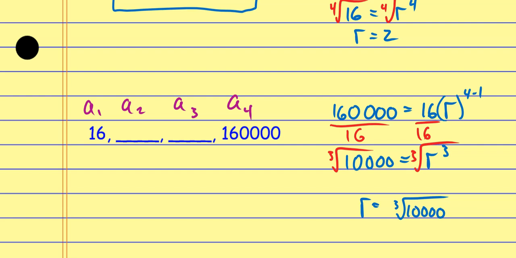So on my calculator, I'm going to take the 16 times the cube root of 10,000. And now I'll round that off a little bit. It gives me 344.7. Now I'm going to take that without rounding it off on my calculator and multiply it by the cube root of the 10,000. And it gives me 7426.5.